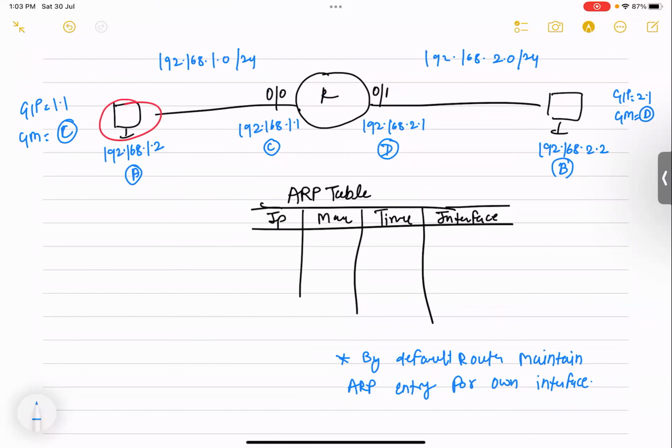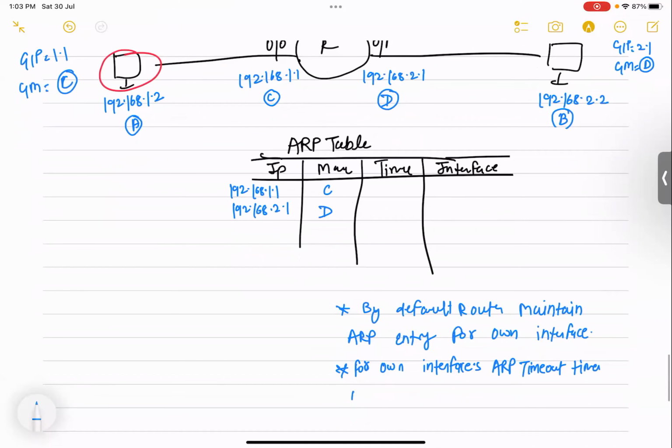So IP 192.168.1.1, MAC address is C. One more, 192.168.2.1, MAC address is D. One more point for these interfaces: the ARP timeout timer is infinite.